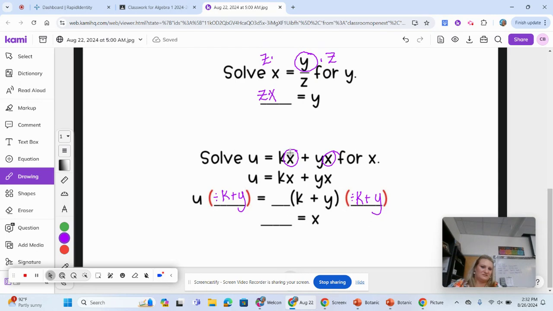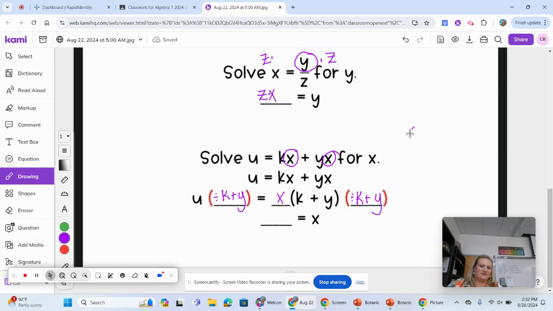So the reason that we did that is because now you have the x on the outside. If the x is on the outside, it's basically the opposite of distributing. So you have x and then the k, and then x and then the y.